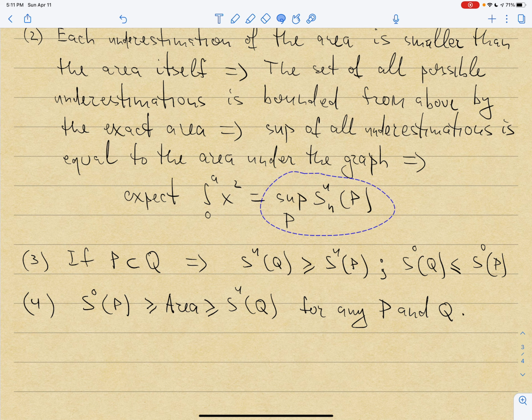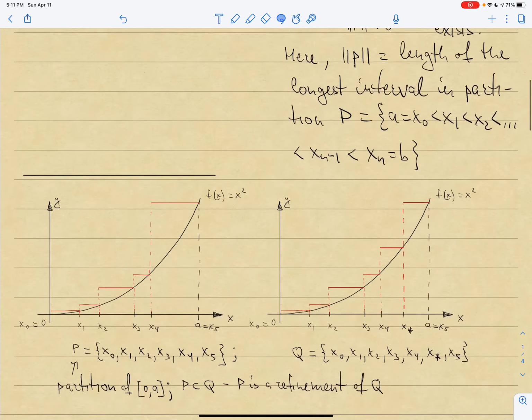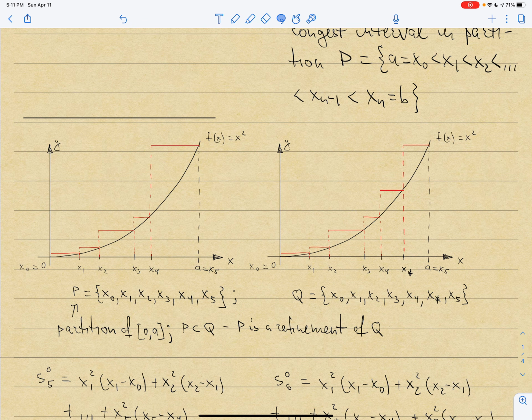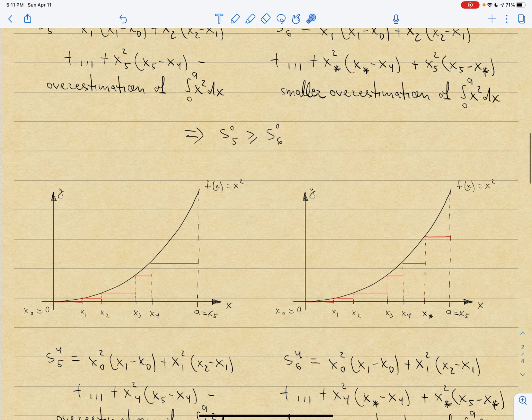I'm going to introduce some terminology. And then once we introduce that terminology, we're going to move away from the specific example of x squared, where things are clearer because the function is increasing. You can say that the largest overestimation is always obtained when you're using the right-hand point of the interval, and the largest underestimation you get on a given interval by using the left-hand point.